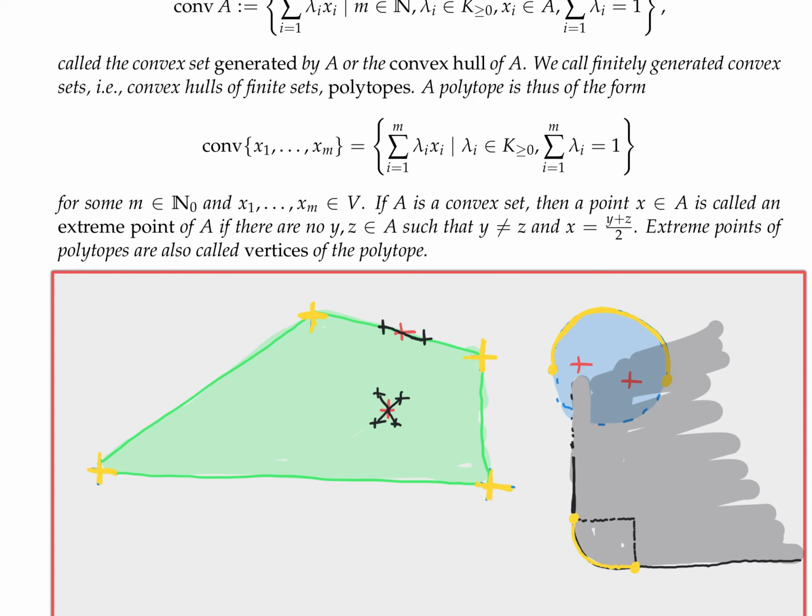So I think you got a good feeling about extreme points. Also, you could have a strip in R^2: two parallel lines and the things that are in between. This is also a convex set, such a strip.